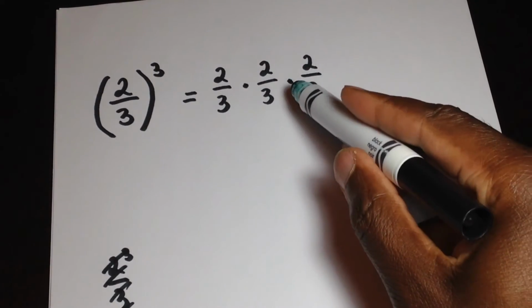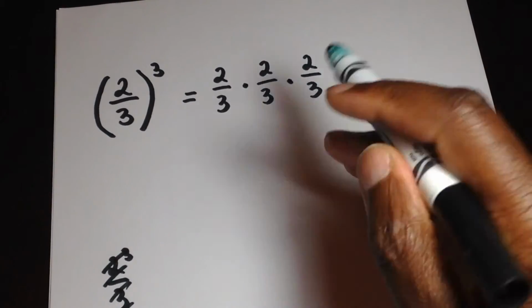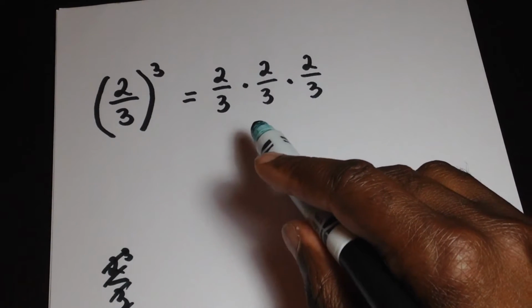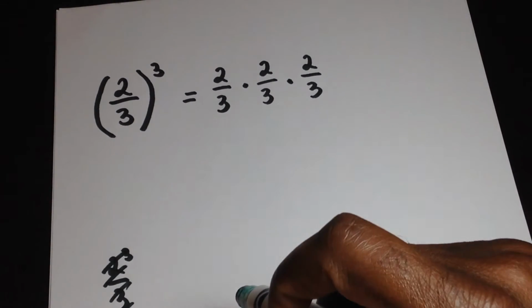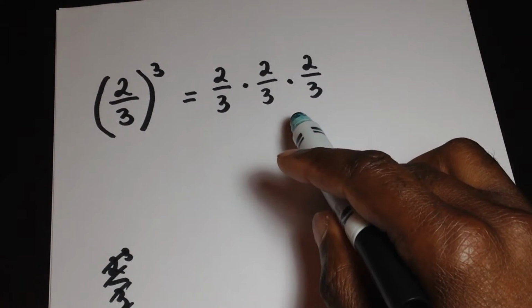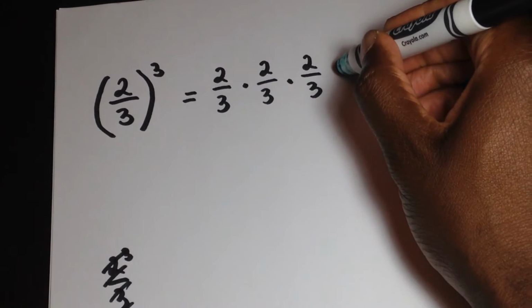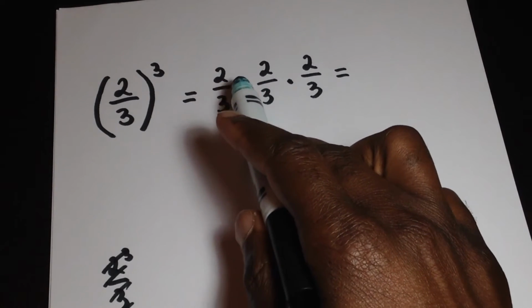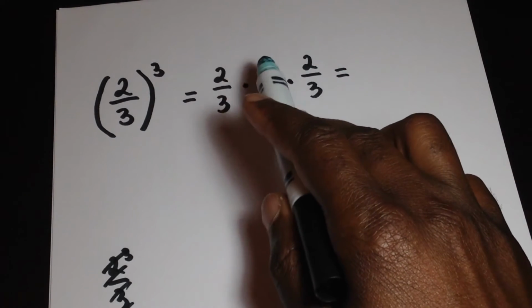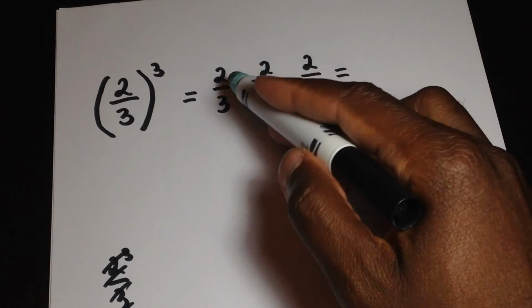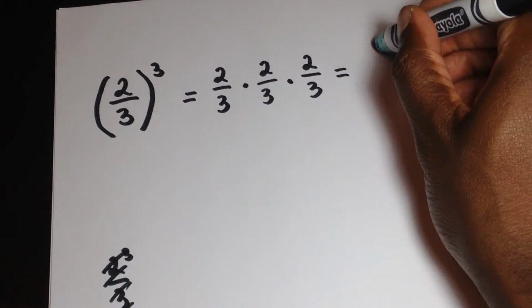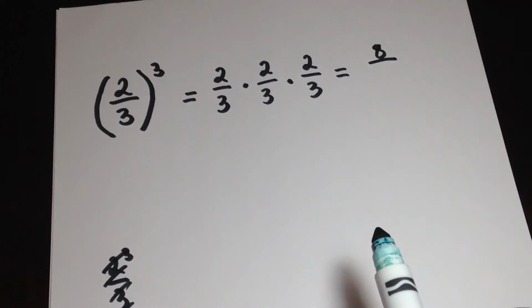I use the dot. You can also use the multiplication symbol. So now it's 2/3 times 2/3 times 2/3. That's in expanded form. When I write this in standard form, when I evaluate it, you multiply the numerators, 2 times 2 times 2. 2 times 2 is 4, and 4 times 2 gives me 8 in my numerator.